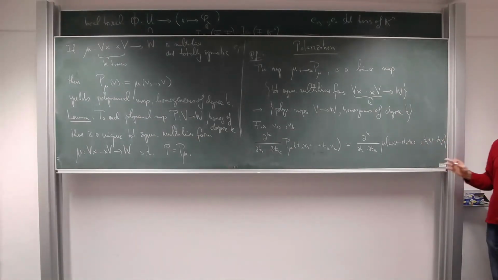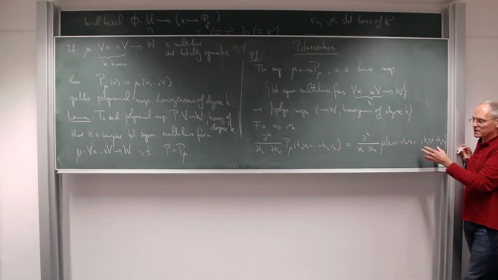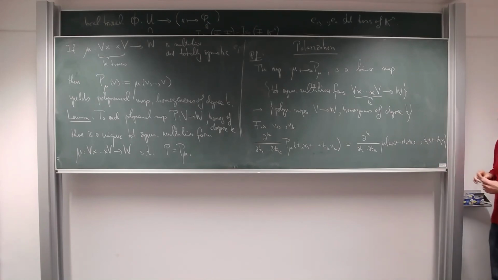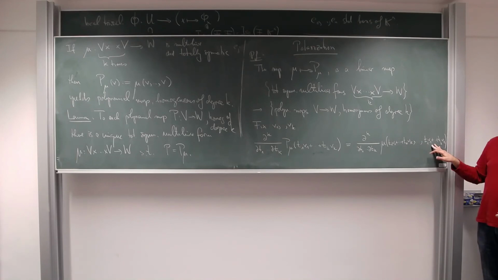Now this is multilinear, so it's linear in each slot. So when you evaluate this and the v's are fixed, this becomes a polynomial in the t's, in fact homogeneous of degree k. Each term that I get by expanding by linearity is homogeneous of degree k in the t's, because I have k slots and I take one term from each slot, so I always get k t factors.